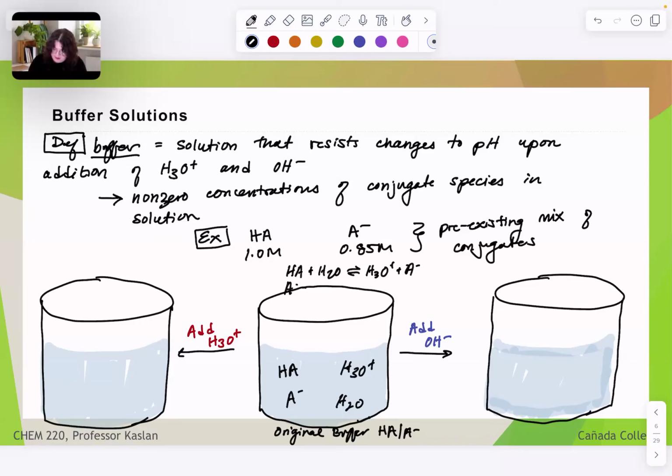And then I also have A minus in the presence of H2O acting as its own weak base in its own right to create HA and OH minus. So I've also got some hydroxide that's in here. So that is what is in this beaker because we have pre-existing amounts of HA and A minus.